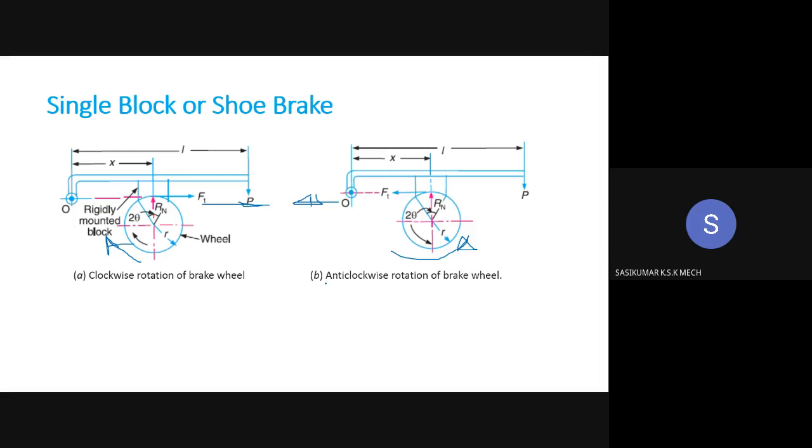You may have both varieties, either clockwise or anti-clockwise rotation. The best example is the movement of the vehicle in the forward and reverse direction.